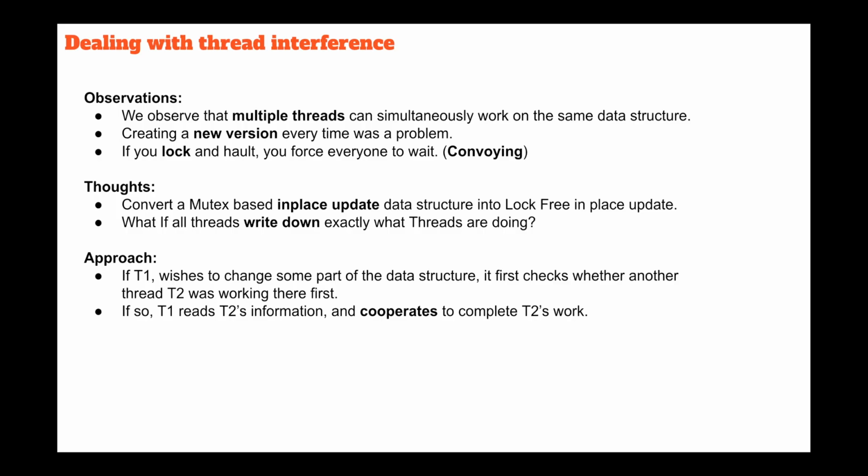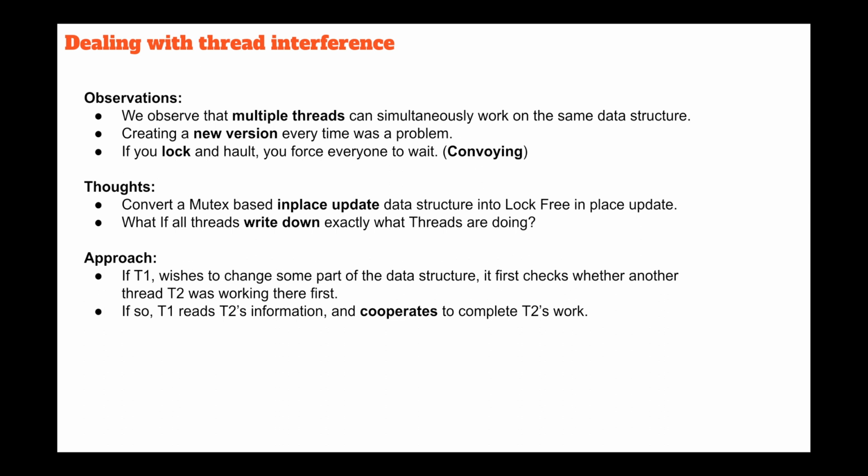Since we discussed thread interference in the last slide, these are the main observations that the author made. There are multiple threads which want to modify the same portion of the data structure, and creating a new version every time is the problem.